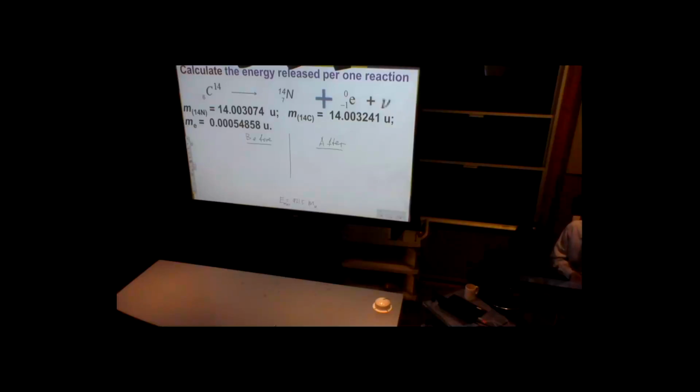Anyway, so before, we have only one element, and the mass of the nucleus of that element supposed to be equal to the atomic mass of that element minus the mass of all electrons orbiting, and how many electrons do circle in carbon?